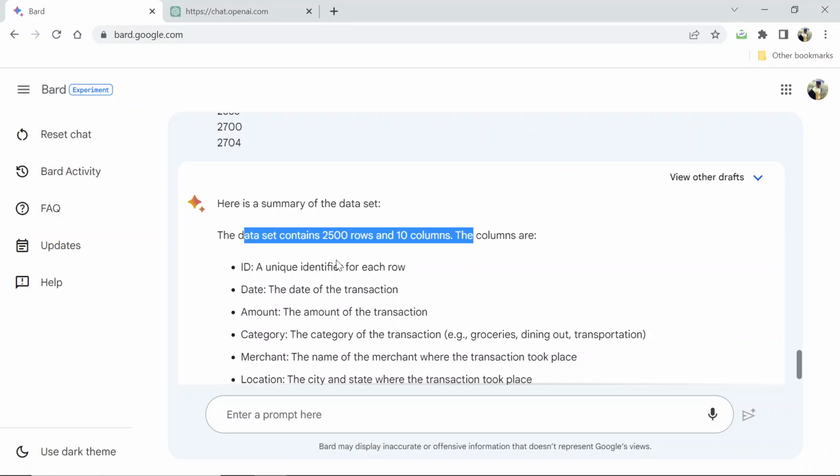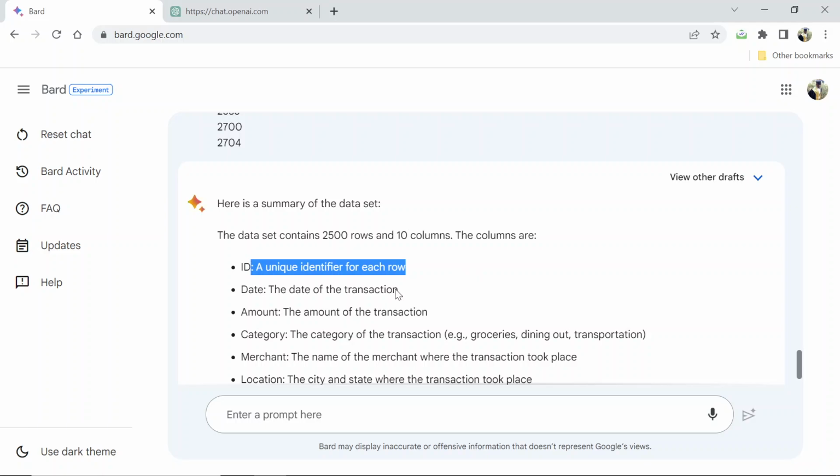I didn't give such a dataset to Bard. It says that it has more than 2,500 rows and 10 columns. There's nothing like that which I have given to BARD. It says ID, a unique identifier. Date, there is no date.